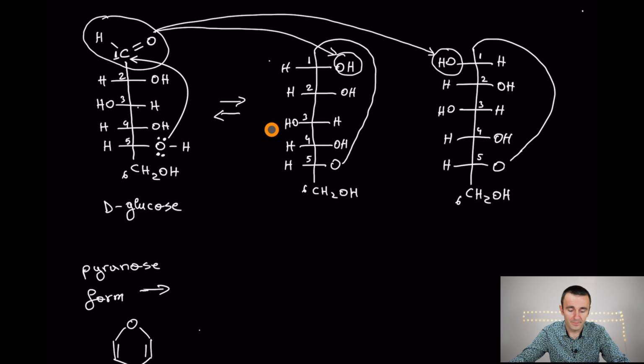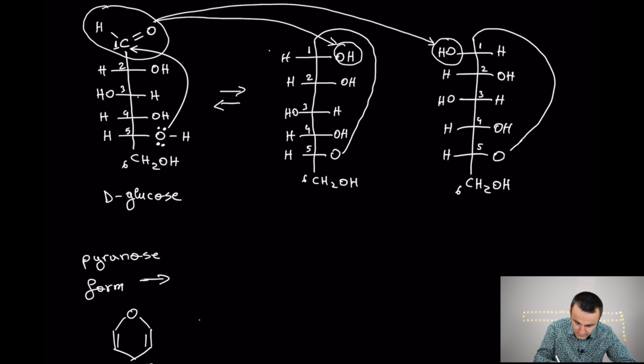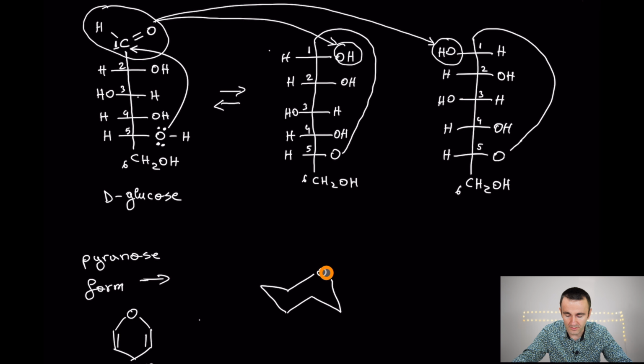Let's move further. Now, let's do, for example, the first one, that was the alpha anomer. By convention, the oxygen is on the right side here, up. Now, when you start numbering and placing the OH group to the cycle, you have to keep in mind one rule.